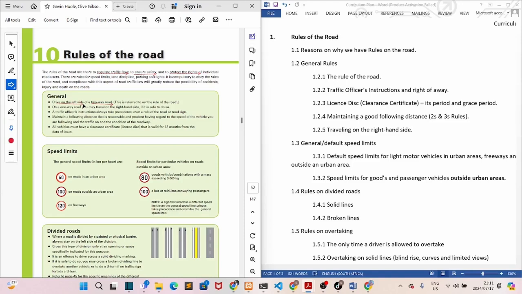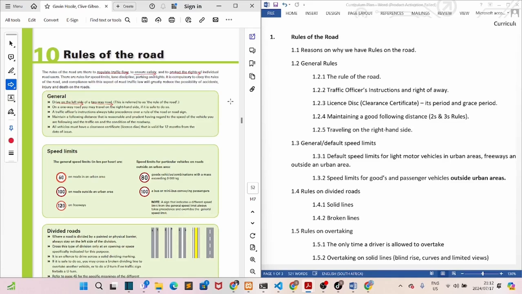That really works for a two-way road with a single lane on each side, one lane going up, one lane going down. If you are traveling on such a road, both of you must keep the left hand side as far as it's safe.